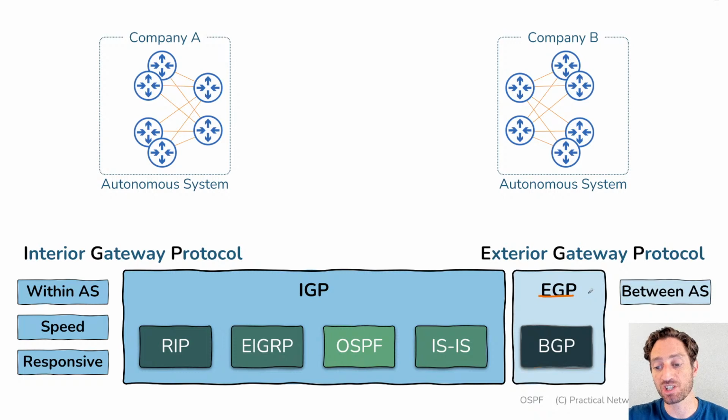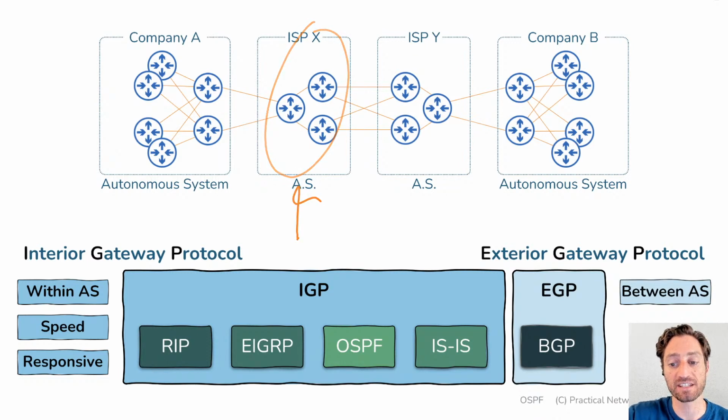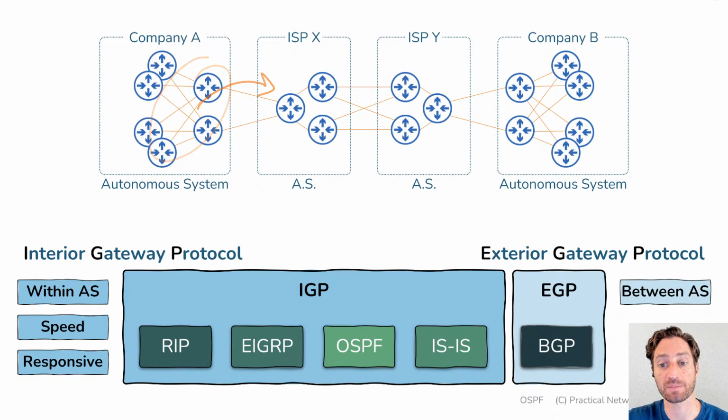In any case, EGPs are meant to share routes between autonomous systems. To talk about that, we're going to add two ISPs and connect them in. And again, since these ISPs are different entities, they are also their own autonomous system, and you would use something like BGP for company A to share its routes with ISP X.